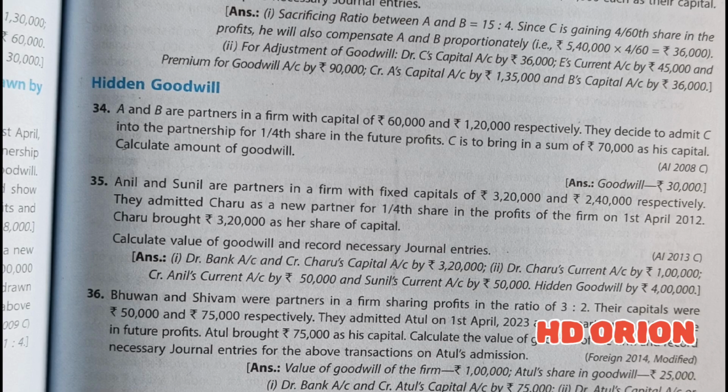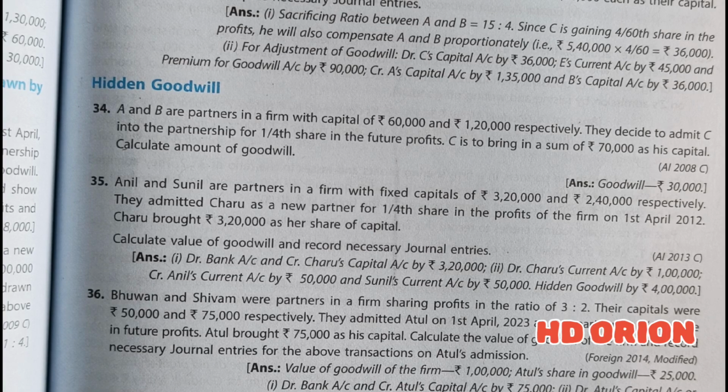It is the good reputation of the business due to which, by investing less capital also, the firm is generating a good volume of profit. And now this saving of capital is the value of goodwill. And that is what we have to figure out in such questions where goodwill is hidden.